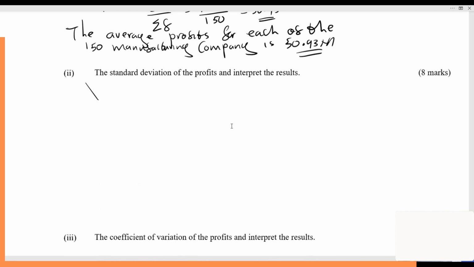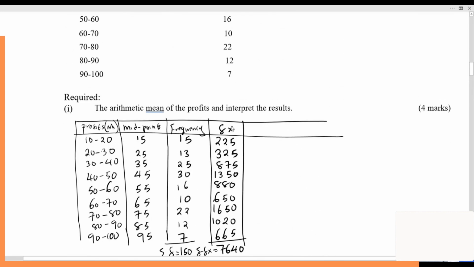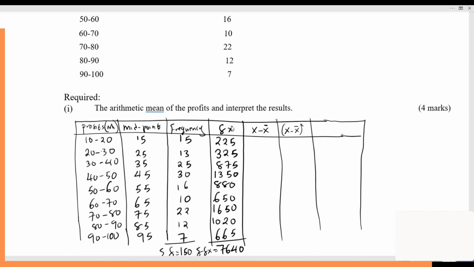We find the variance by getting the column of x minus x bar. Then we find x minus x bar squared. Then we multiply this by f, to find f into x minus x bar squared.